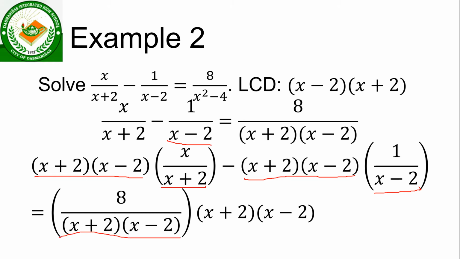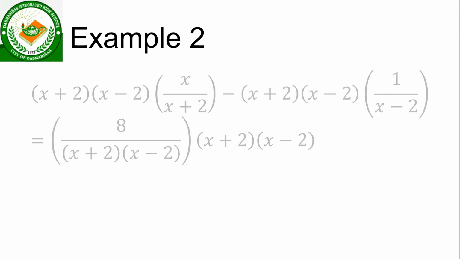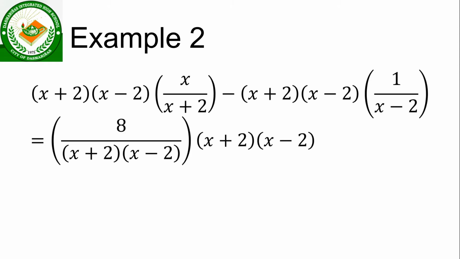This will be multiplied to x plus 2, x minus 2, which is the least common denominator.